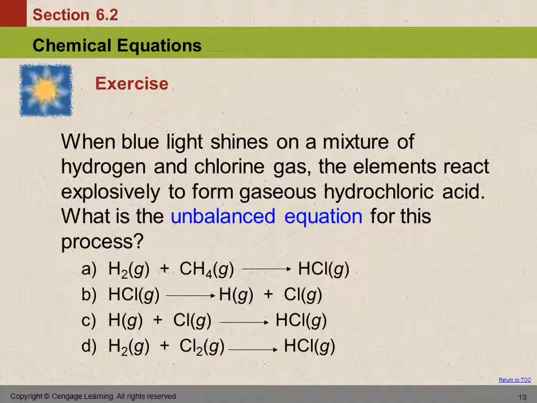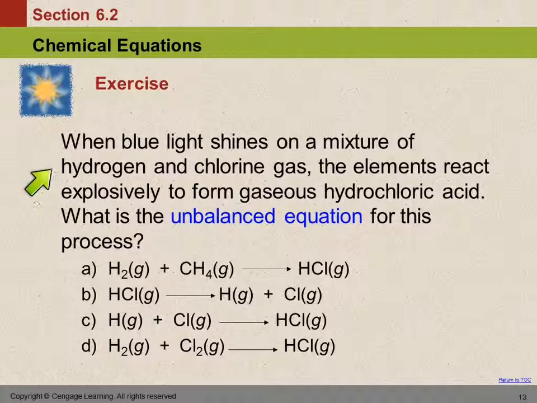So we look at these choices, and this is like making up a math equation to describe something that happens. If Johnny has 5 apples and Susie has 3 apples, how many apples do they have together? And then you say 3 plus 2 equals 5, right? So this is the chemical version of that.